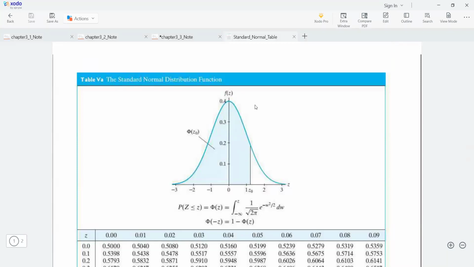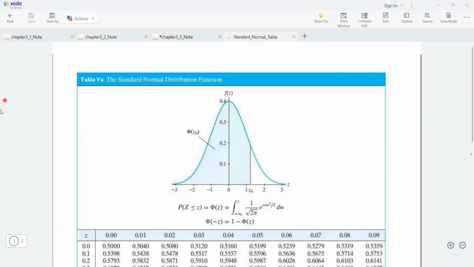With this table, we can find the probability that our random variable is smaller than or equal to a specific value. On the graph, it means the area under the bell-shaped probability density function, bounded by the value of z. This area is the probability.